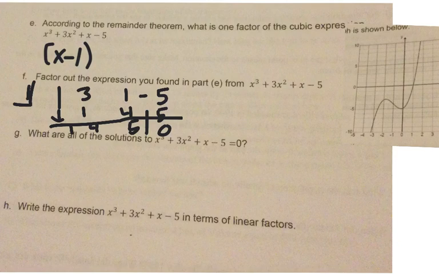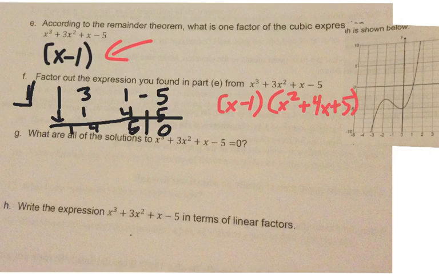What that means is the factored form has x minus 1, the factor that I've already found. And then what's left is my depressed polynomial. 5 is the constant, 4 is the x to the first, and I have 1x squared. So x squared plus 4x plus 5. So I have factored the expression.